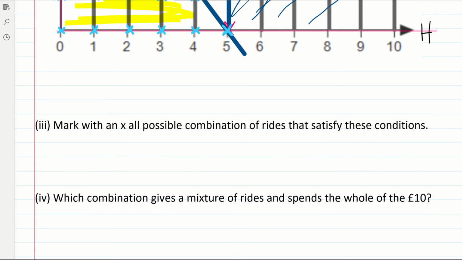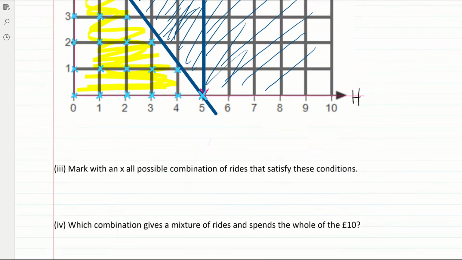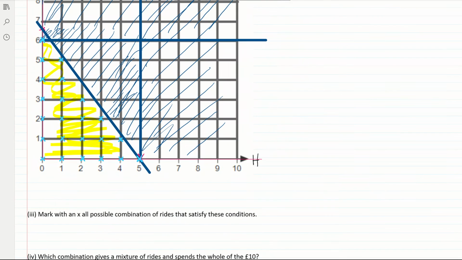So it says, which combination gives a maximum of rides and spends the whole £10? So I want to spend the whole £10. This one, you would spend the whole £10, but this is 5 hula hoops and no big spinner.